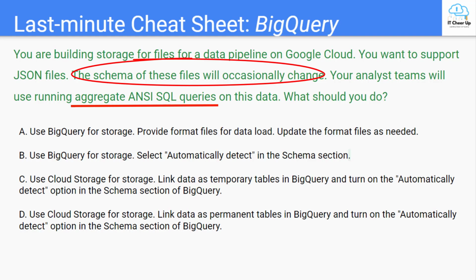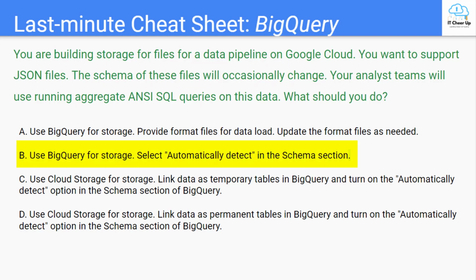The schema of these files will occasionally change. Schema auto-detection is available when you load data into BigQuery. The easy way to run aggregate SQL queries is using BigQuery for storage instead of Cloud Storage. So the answer is B.